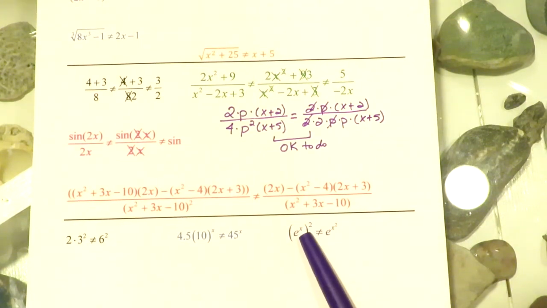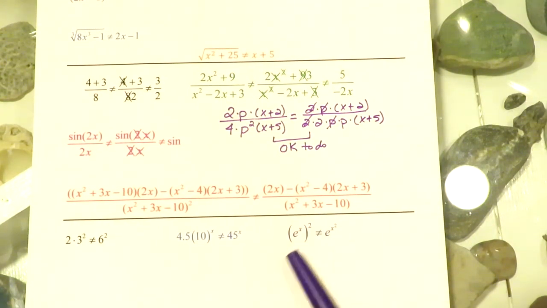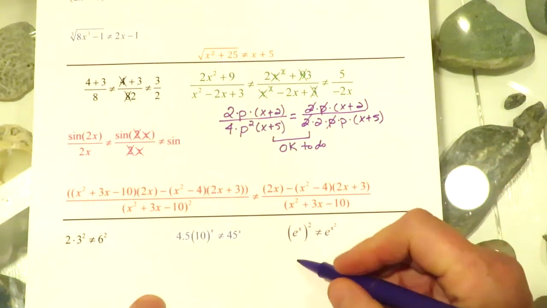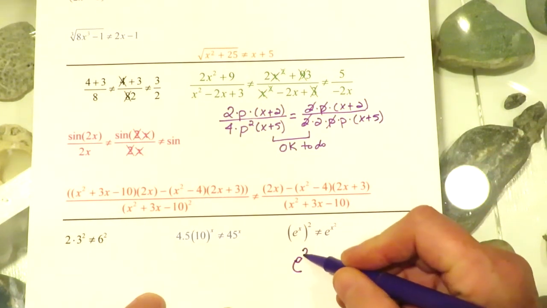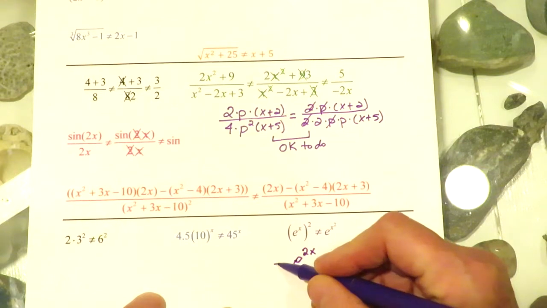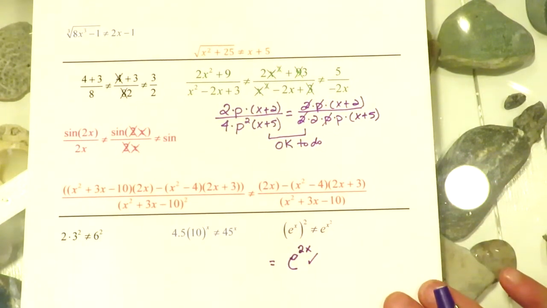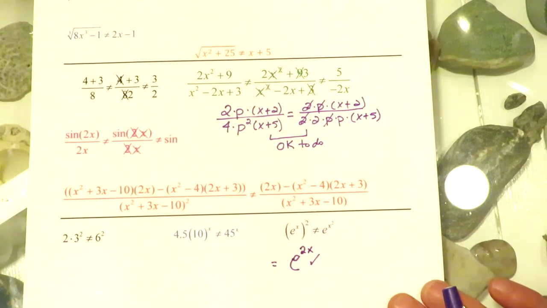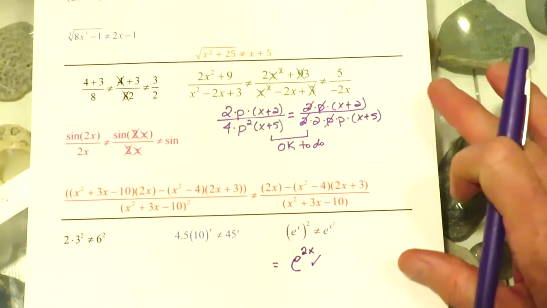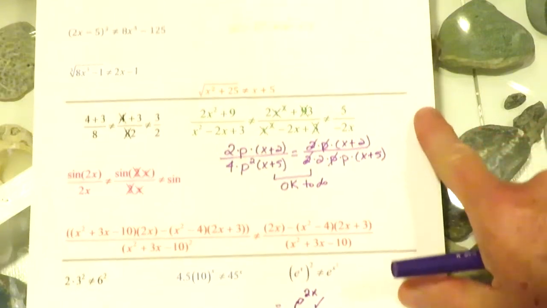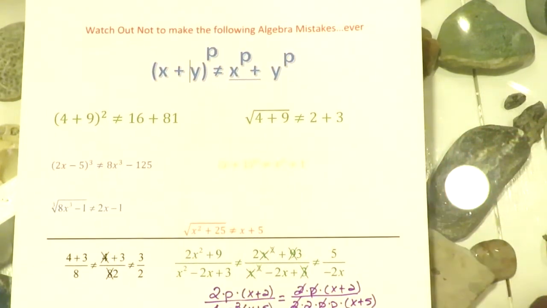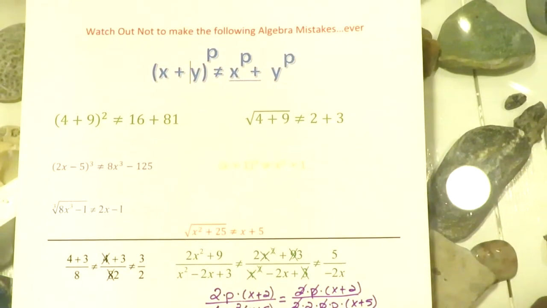Instead, the rules of exponents tell you to multiply those exponents together. And so this would end up equaling e to the 2 times x. That is the correct thing. Alright, so obviously there's infinitely many wrong things I could show you. This is just a little collection of things to pay attention to that you're not doing.